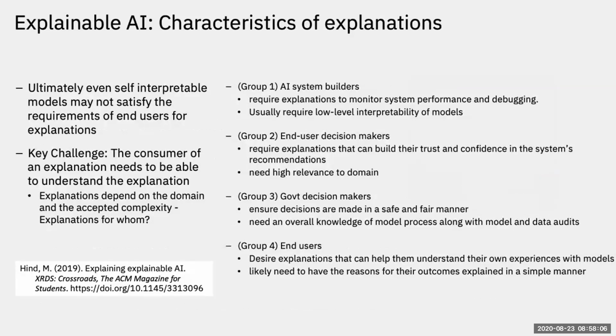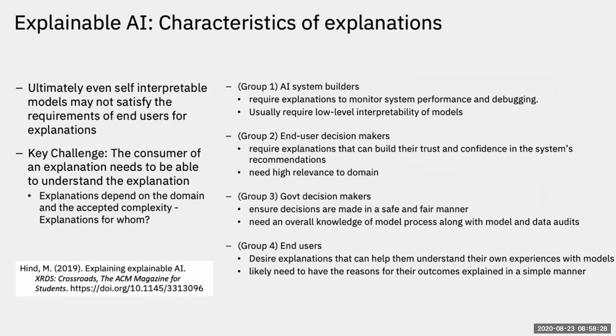So with this landscape in discussion, we now come to this argument that even when you have self-interpretable models, and forget about the black box model itself, they may not always satisfy all the requirements for the end users.